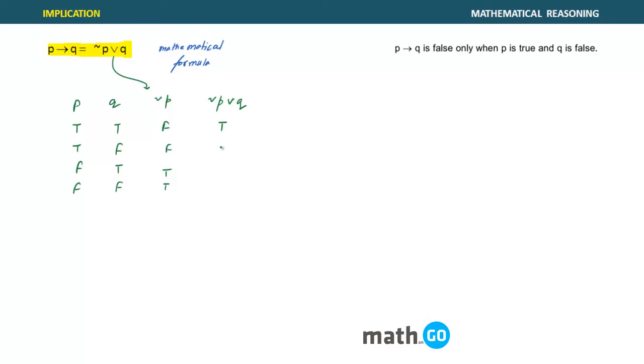True, this will be false, this will be true, and this will be true again. If you notice, there is only one false, and this is happening when P is true and Q is false, and this is what we were saying. So P implication Q is false only when the hypothesis is true but the conclusion is not occurring. And you will have to remember this formula, this particular stuff also, right?